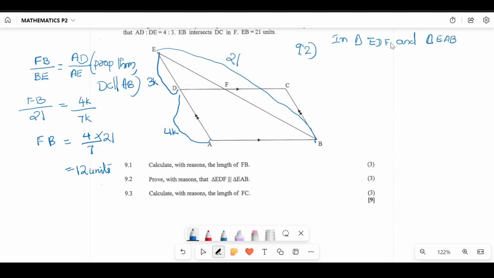Now we have to prove that. So it's EDF and EAB. Angle E is common angle. It's common.